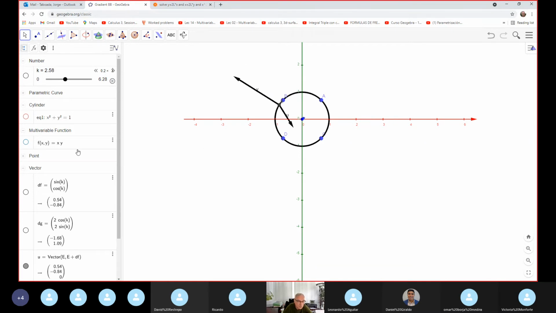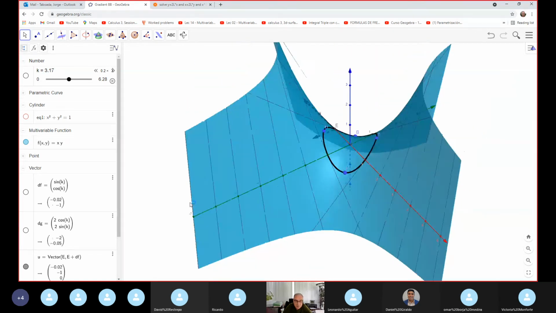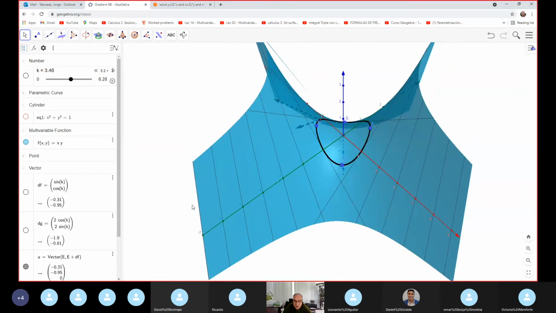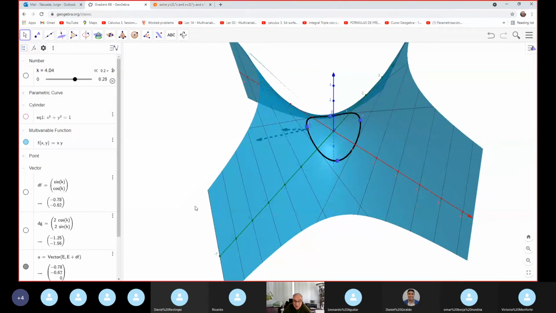Let me restore the function again to understand a little bit. Okay, so do you see that sometimes the function is increasing? In this case, it's increasing, look. But in this case, no, it's decreasing. It's going down. That is the reason the dot product is negative, no? This is the minimum.